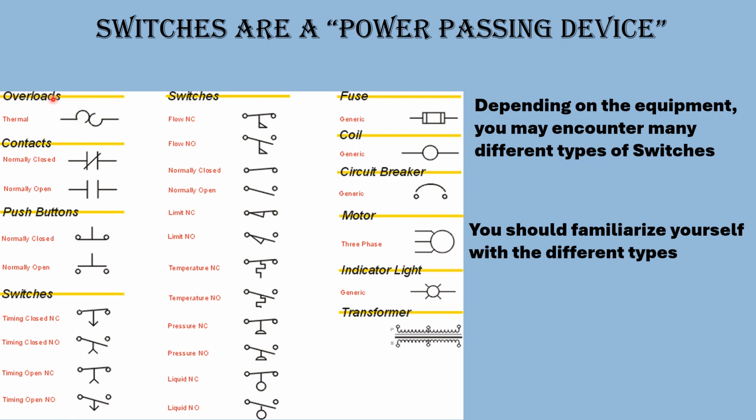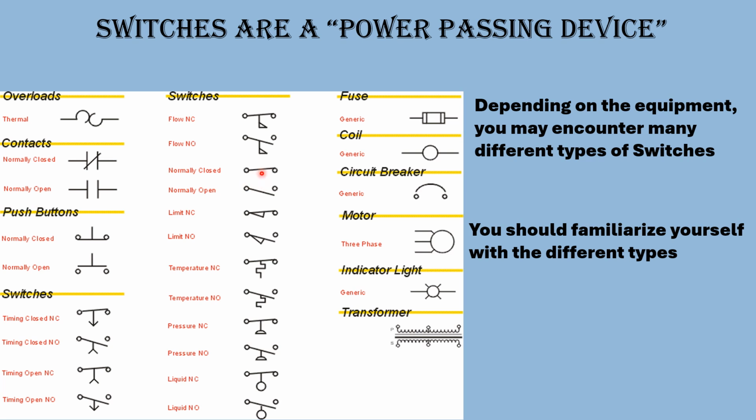And as we see here, we've got overloads that are thermal, contacts, normally closed, normally open, push buttons, just other types of switches. Here we see timed, normally closed, normally open, timing open, but you don't see these so much in just general diagrams. Switches, you have flow, normally closed, normally open.